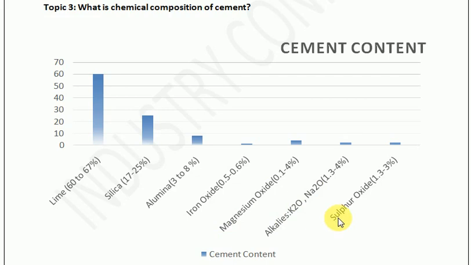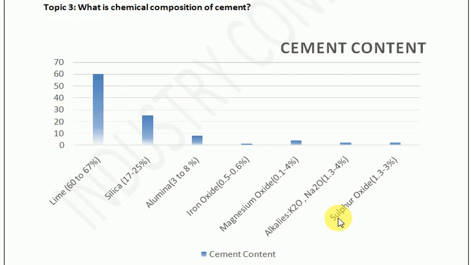Then the sulfur oxide. The presence of these raw materials or chemicals has a huge impact on the final properties of the cement. A cement which has alumina at 5% will have entirely different properties compared to a cement which has alumina at only 2%. That is the prime reason we must understand the optimum percentage of these materials required.